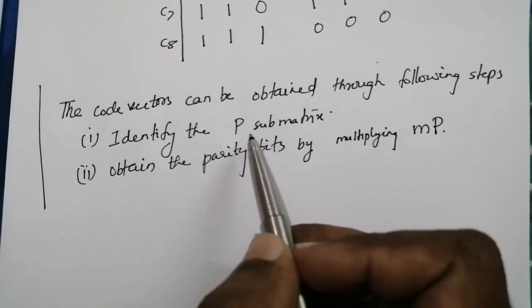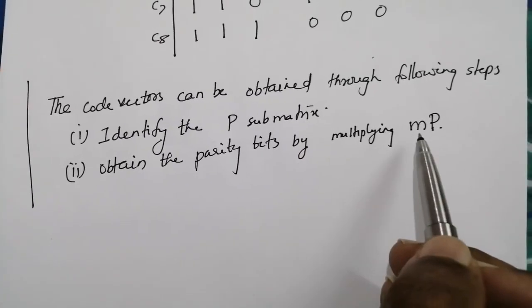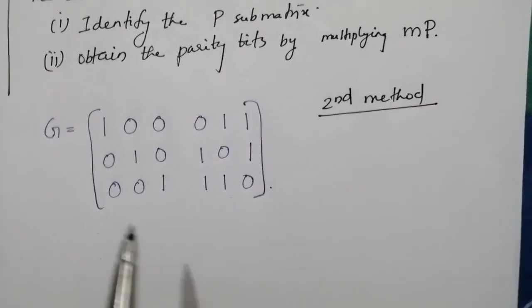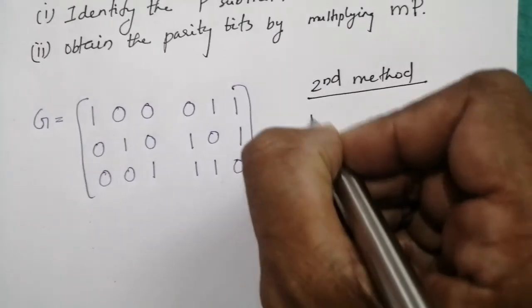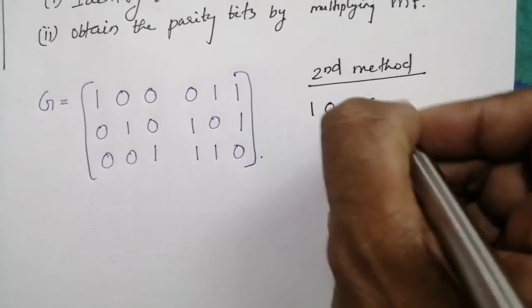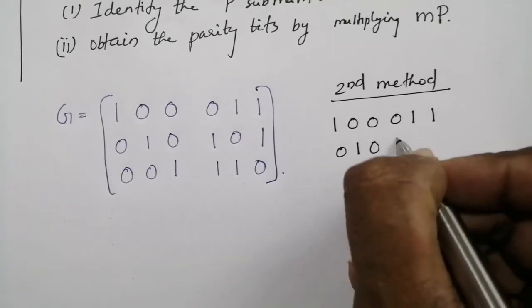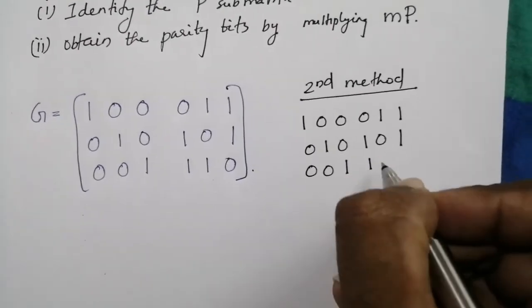One is to identify the parity submatrix, then obtain the parity bits by multiplying the message vector and parity submatrix. After generating the code words, the verification can be done using a second method. In the second method, write the rows of the generator matrix and its combinations: 1 0 0 0 1 1, 0 1 0 1 0 1 and 0 0 1 1 1 0.